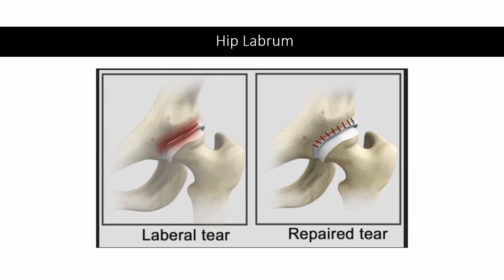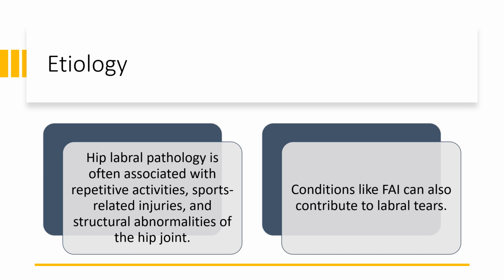All right, everybody, let's jump into the hip labrum and the hip labrum tear and repair along with the treatments. So the etiology: hip labral pathology is often associated with repetitive activities, sports-related injuries, as well as structural abnormalities of the hip joint.